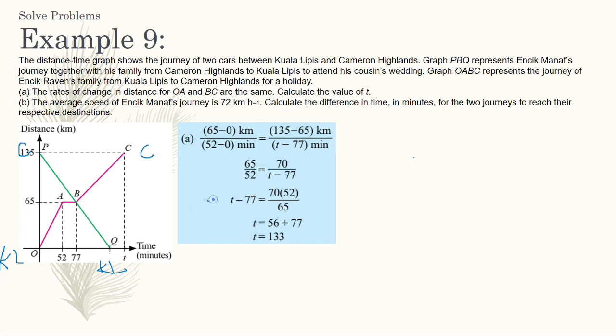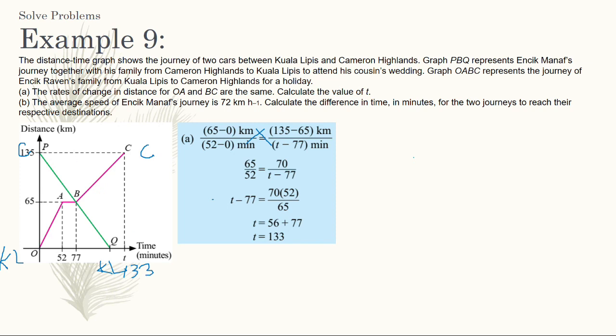So what you do is you just cross multiply this part here. So you will have T minus 77 is equal to 70 times 52 over 65, because you want to find the T, right? Then just calculate, then you will get the T as 133 here, 133.